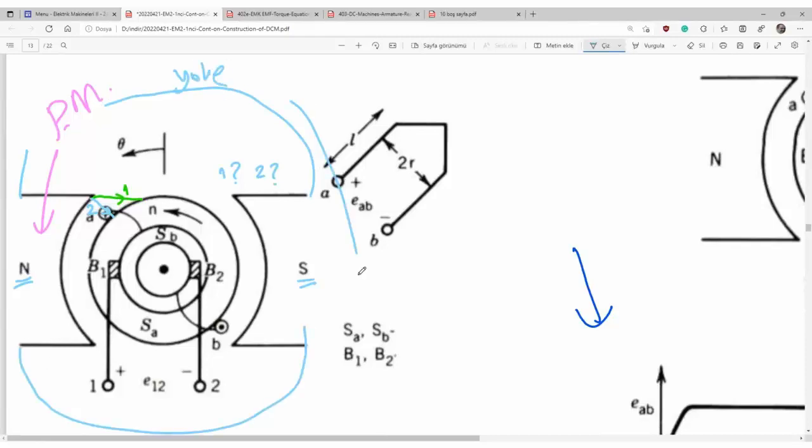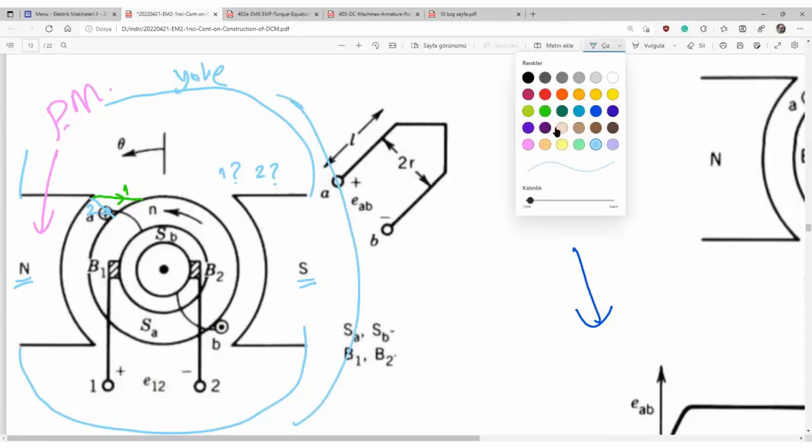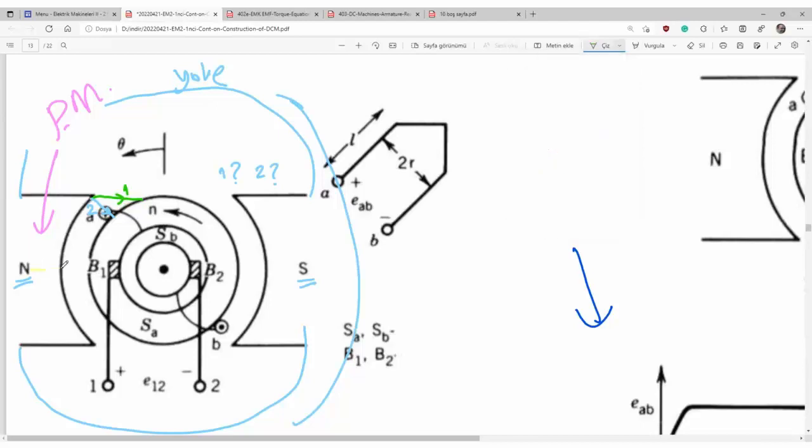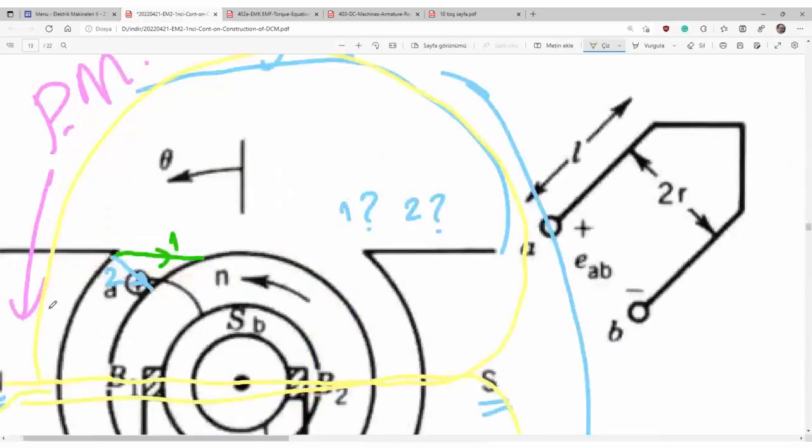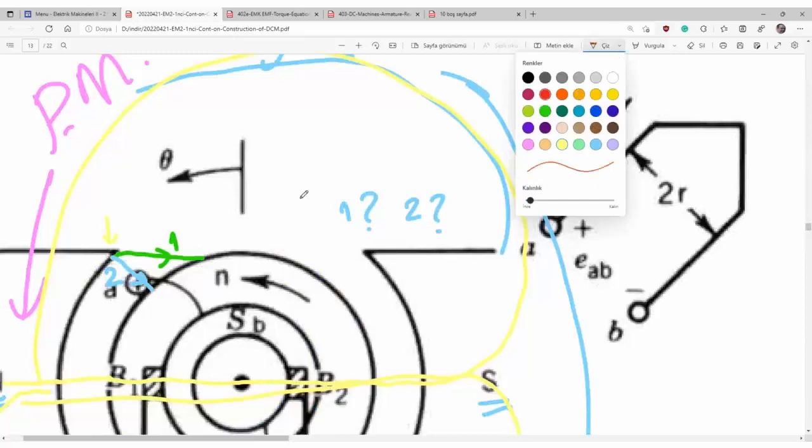Magnetic field lines will come up from the N pole, pass through the air gap, enter the rotor core, pass through the air gap, and complete the circle. And now, here is the pole tip.